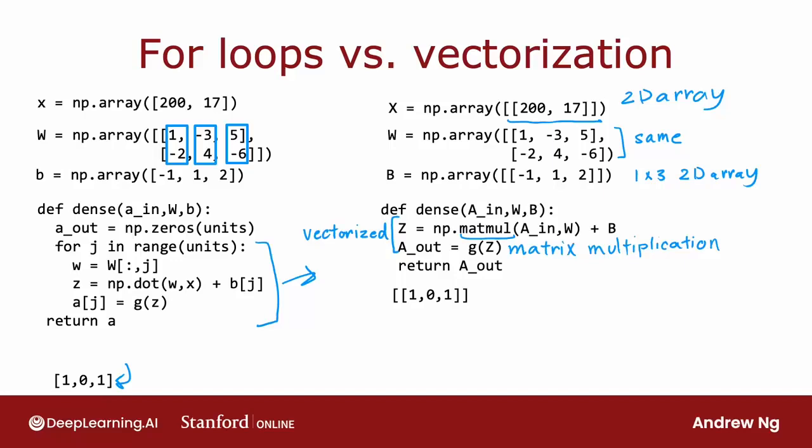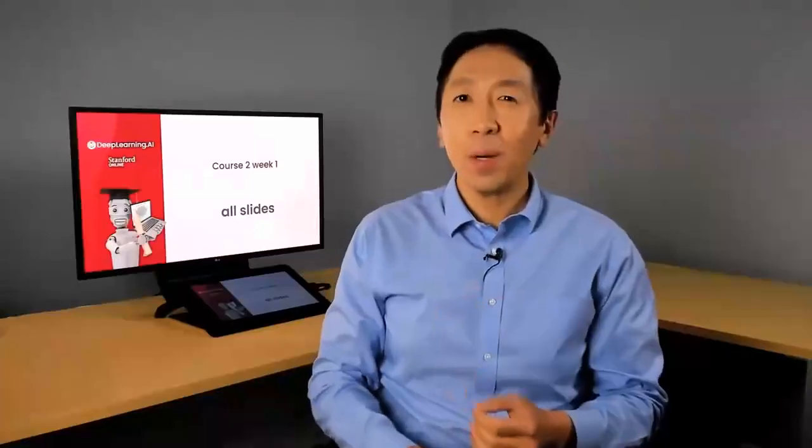So this is what the code looks like. Notice that in the vectorized implementation, all of these quantities, X, which is fed into the value of A_in, as well as W, B, as well as Z and A_out, all of these are now 2D arrays. All of these are matrices. And this turns out to be a very efficient implementation of one step of forward propagation through a dense layer in the neural network. So this is code for a vectorized implementation of forward prop in a neural network.